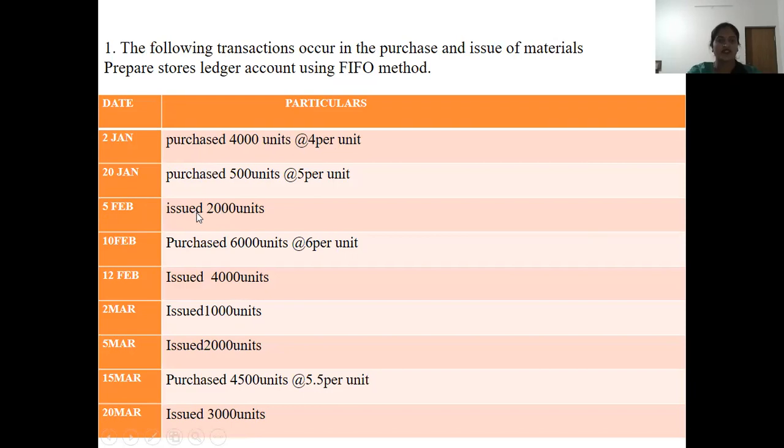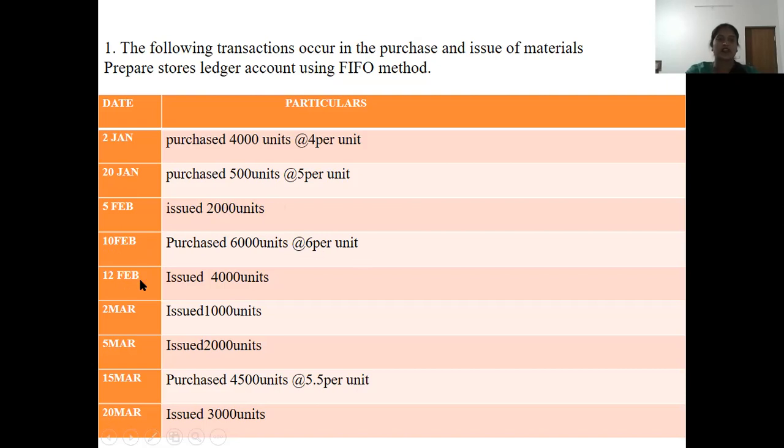For the issues, the rate per unit will not be given because we need to calculate the issue price here. With the help of the rate, we need to issue the units to the production department. On 10th February, purchased 6,000 units at 6 per unit.